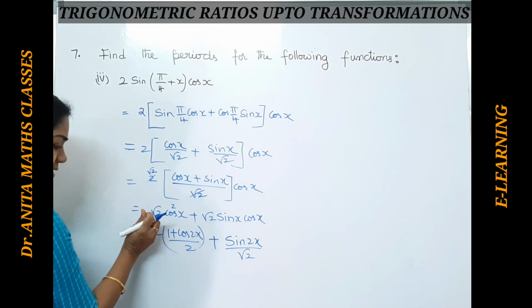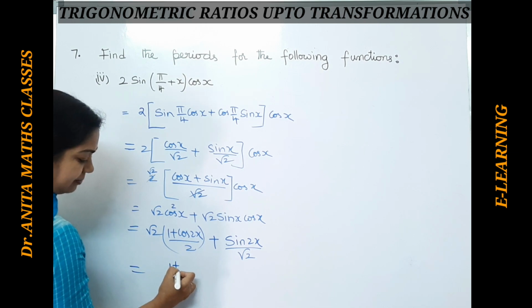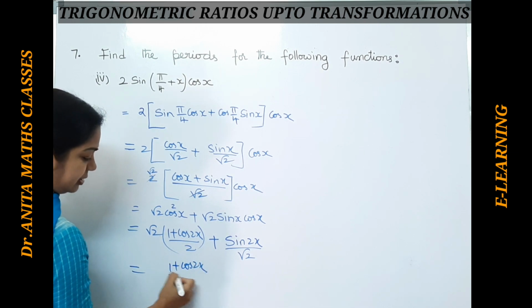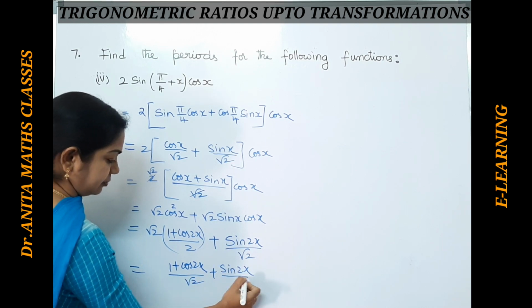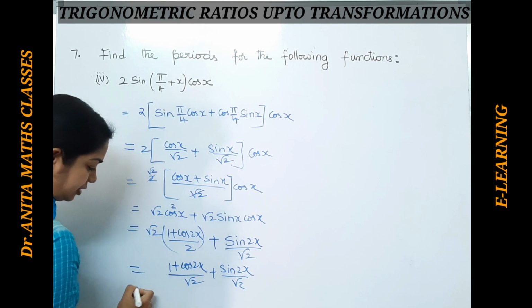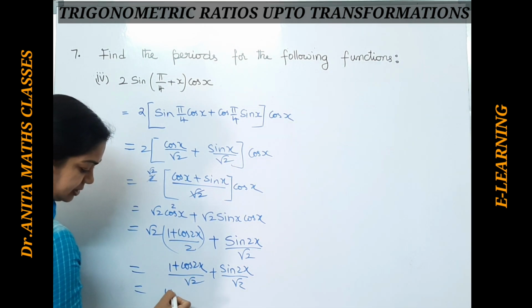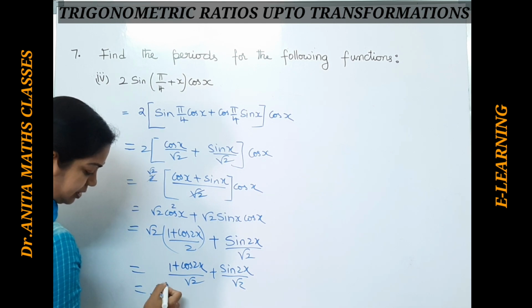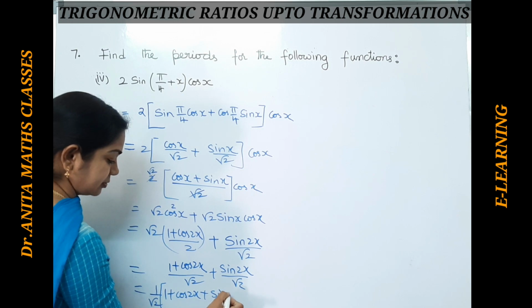So I can write this as 1 plus cos 2x by root 2 plus sine 2x by root 2. If you take the LCM, the LCM is 1 by root 2, 1 plus cos 2x plus sin 2x.